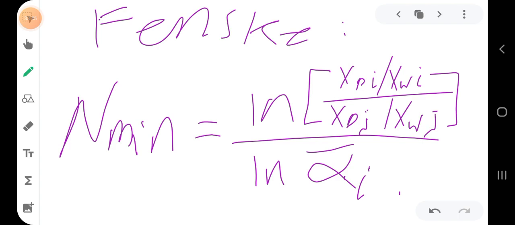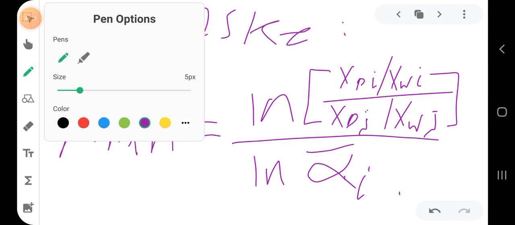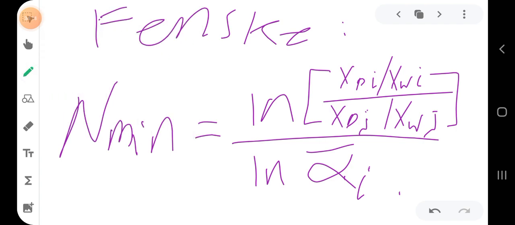So this equation is used to determine the minimum number of stages. And you can see that this equation could be written in a different form. It is a powerful way to rewrite this equation in another form. You can use this form, or there is another form.